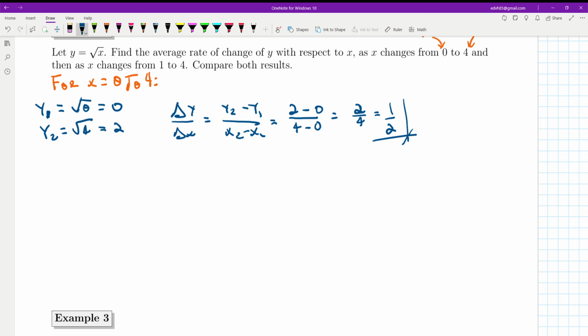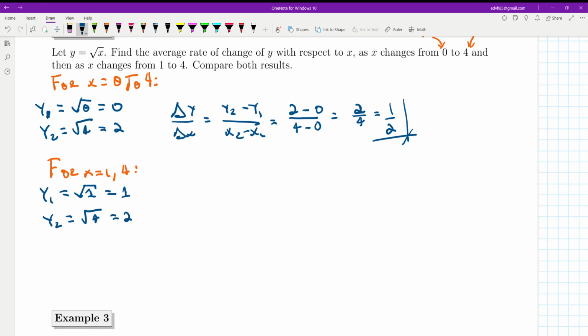Let's look at what happens in the other situation, when x changes from 1 to 4. And so y1 is the square root of 1, which equals 1, and y2 equals the square root of 4, which is 2. All right, let's see what happens.